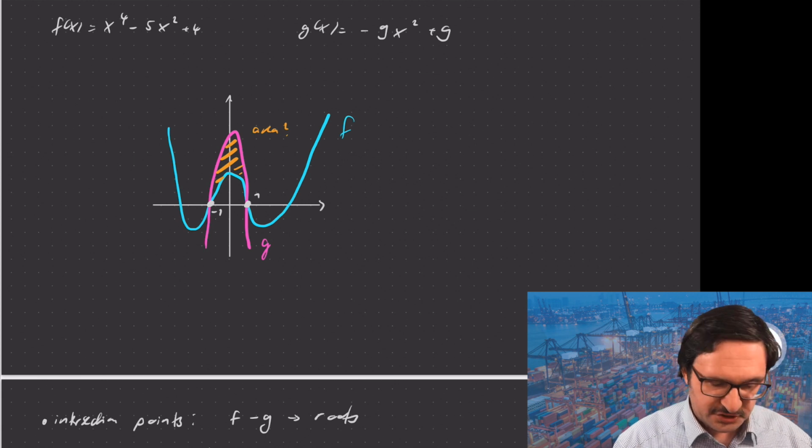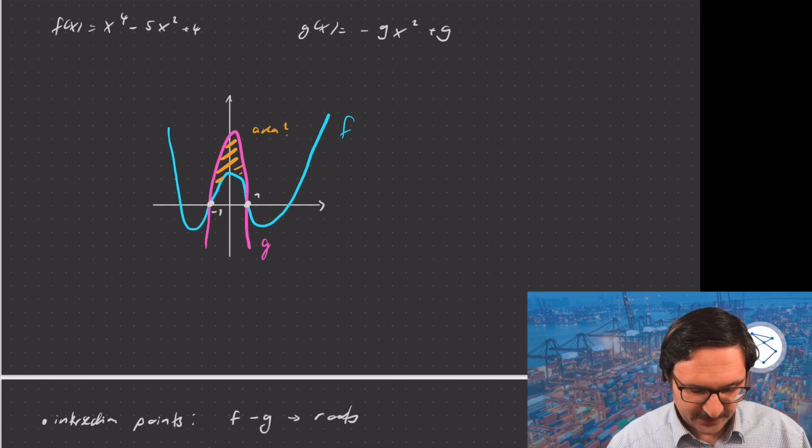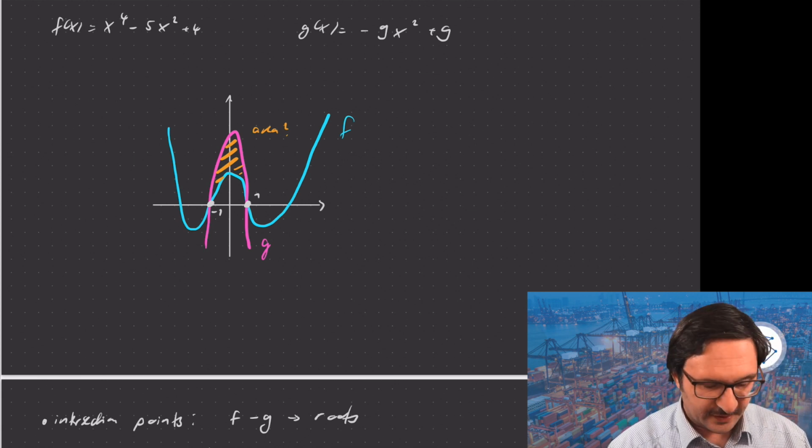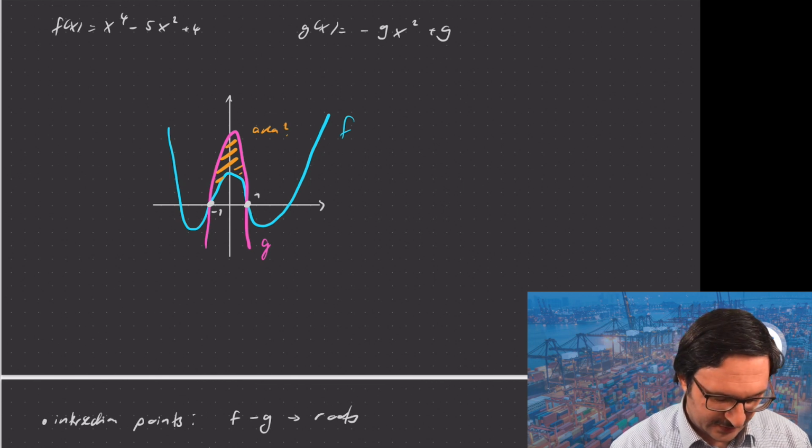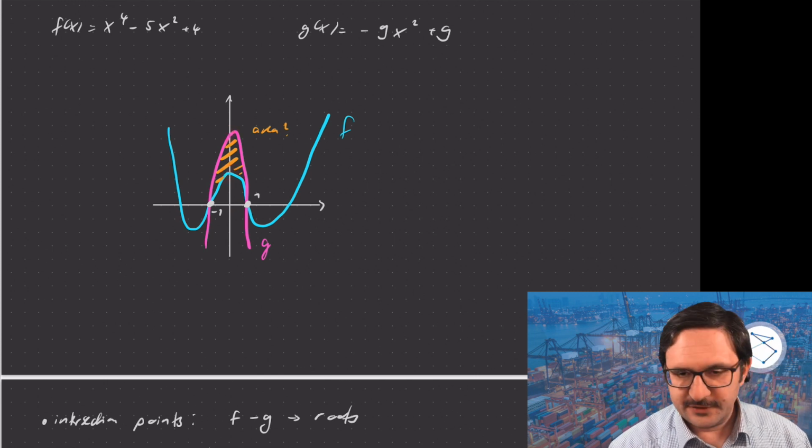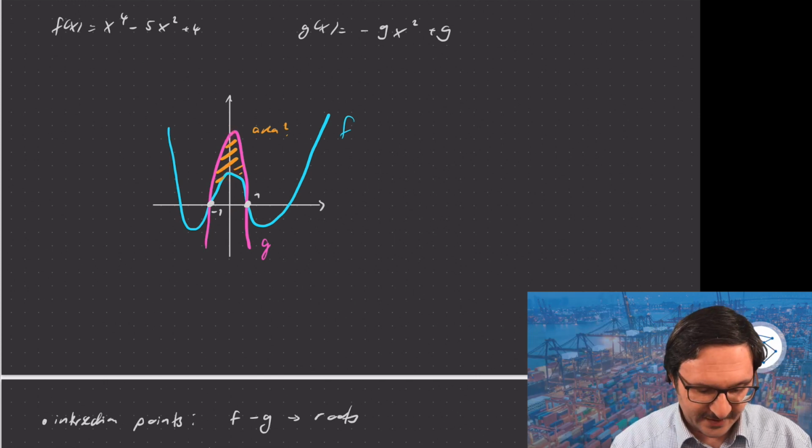So we just check that very quickly, for example, by computing a value of the two functions. The easiest choice would probably be 0. So let's compute this value and this value to see which of the two graphs is higher.